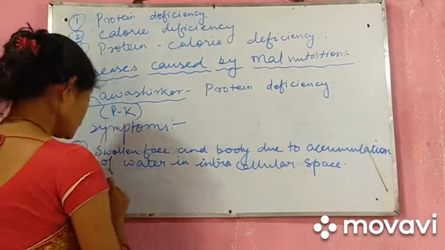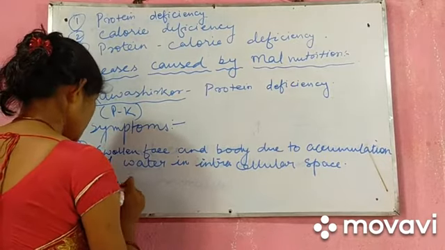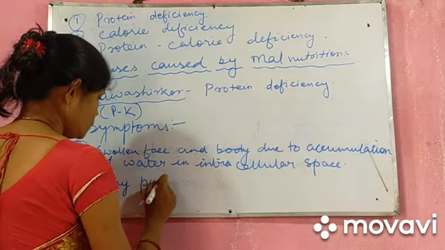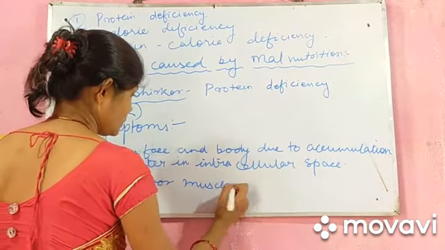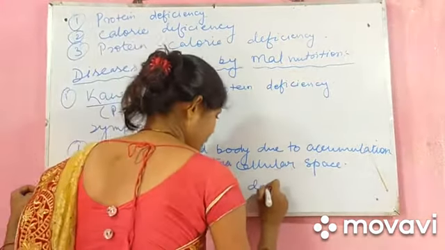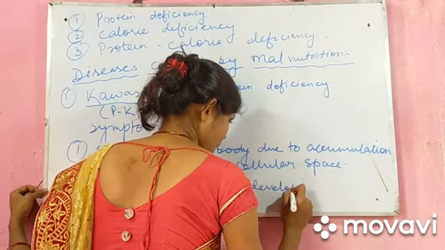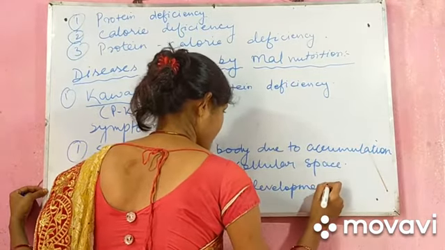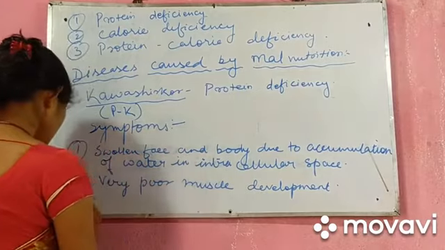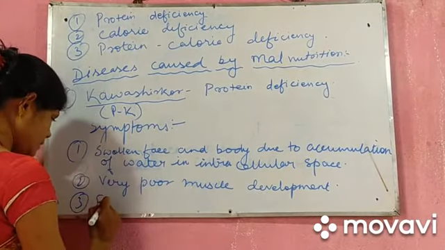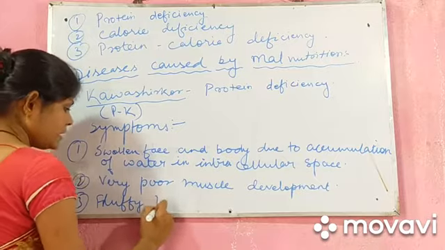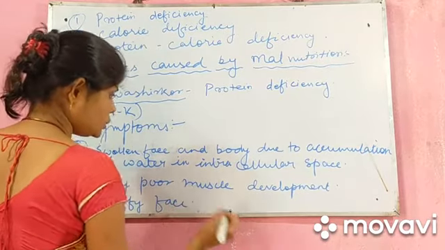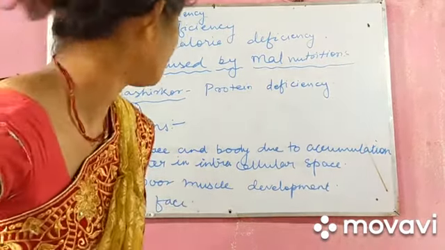Number 2, very poor muscle development. Number 3, fluffy face, very difficult to eat.